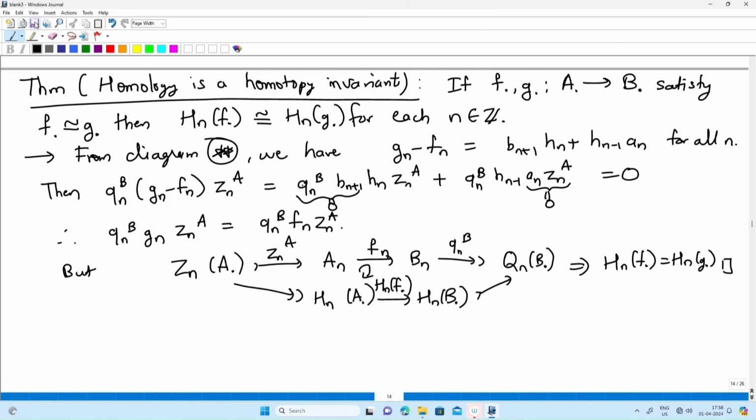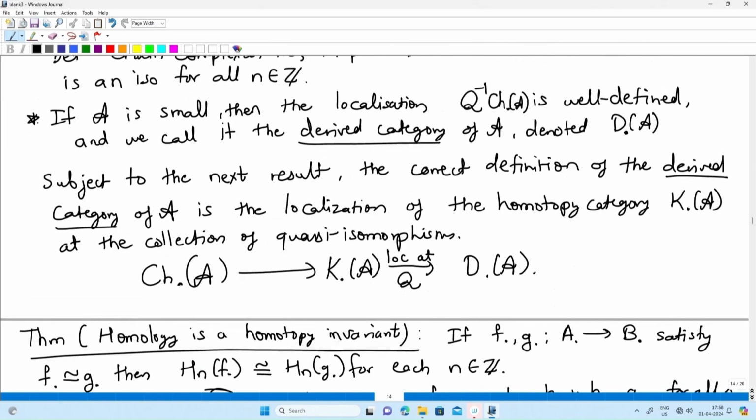And subject to this result, it makes sense to define the derived category as the localization of the homotopy category at quasi-isomorphisms, because quasi-isomorphisms will remain quasi-isomorphisms when you quotient out by homotopy equivalence.